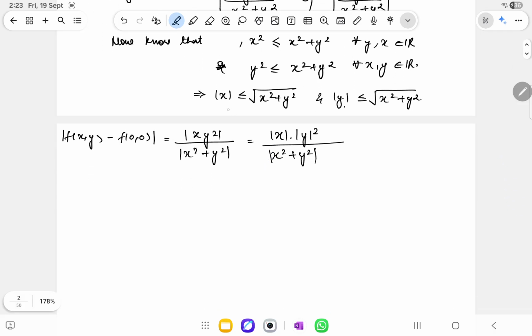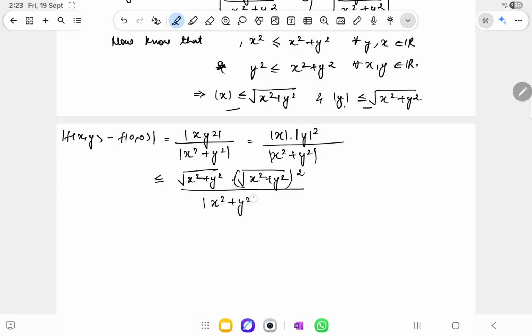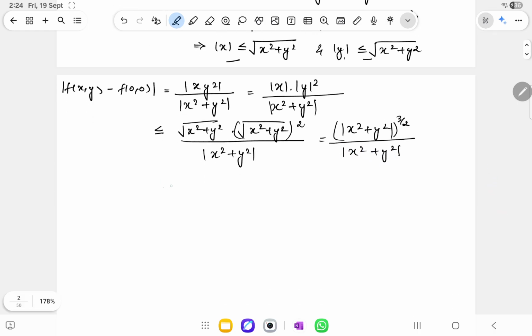Now using these relations, we get this as less than or equal to under root x square plus y square into under root x square plus y square whole square divided by x square plus y square, and this will be equal to x square plus y square to the power 3 by 2 divided by x square plus y square, and if we simplify it further we get this as equal to under root x square plus y square.